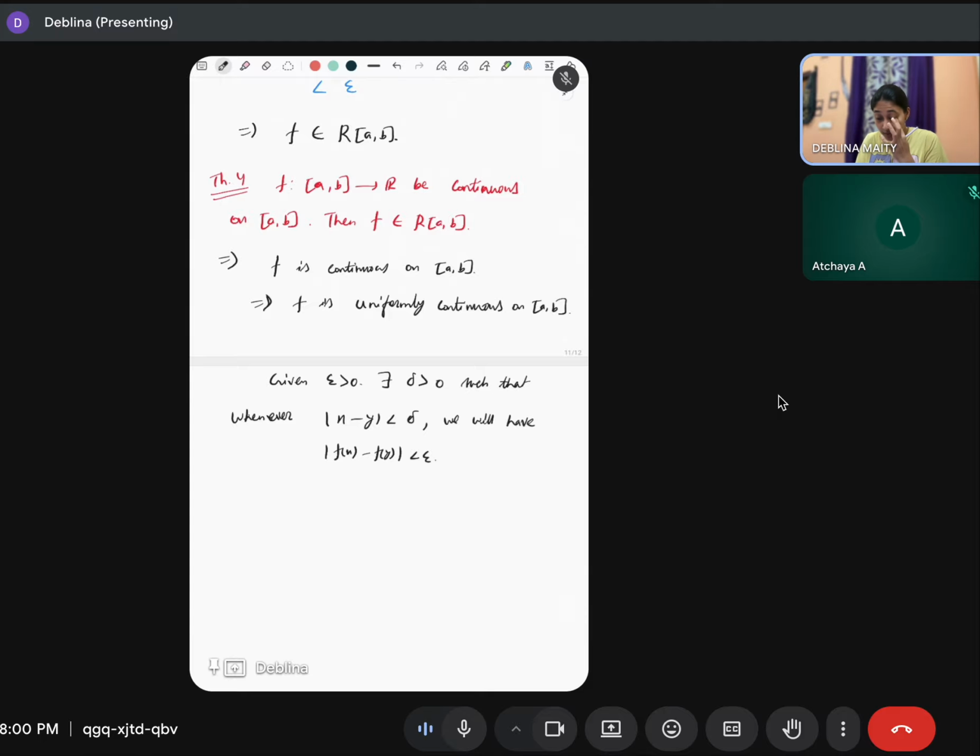This means this delta does not depend on the points, it only depends on epsilon for uniform continuity, right?